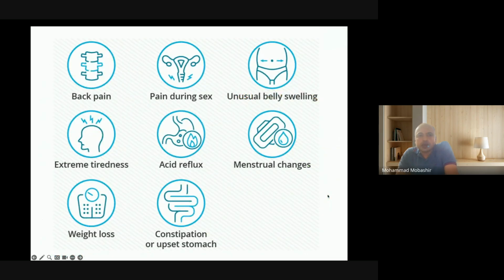Now, you can also summarize those symptoms. For example, back pain, pain during sex, unusual belly swelling, then extreme tiredness, acid reflux, menstrual changes, weight loss, constipation, or upset stomach.